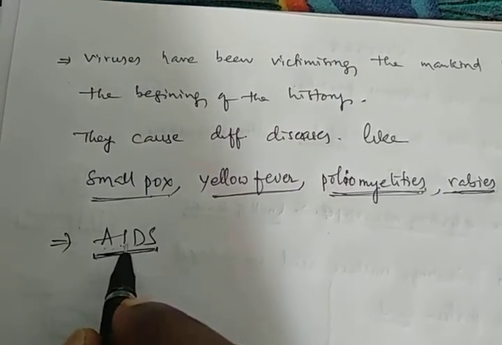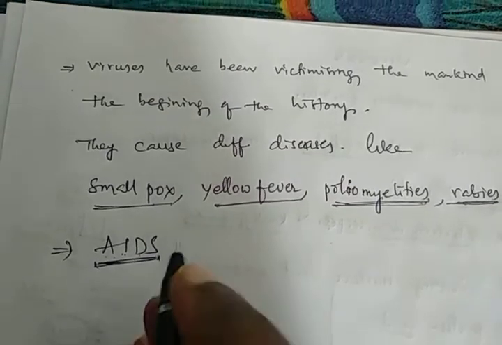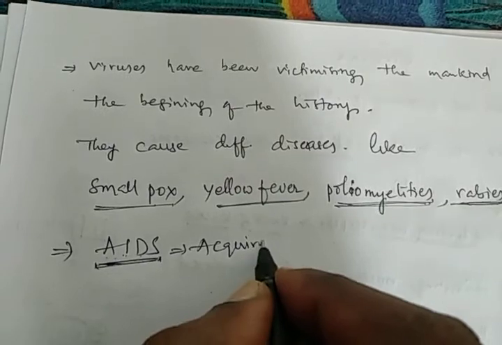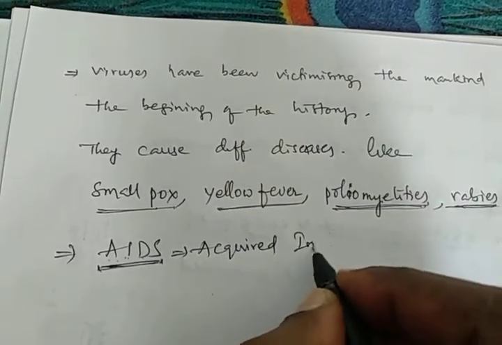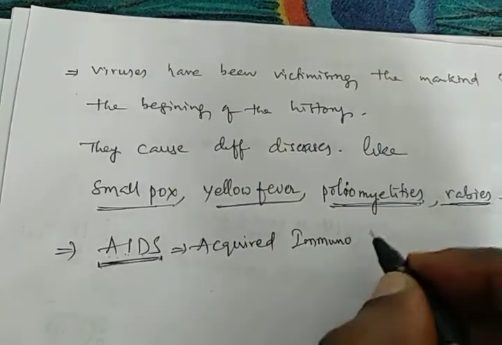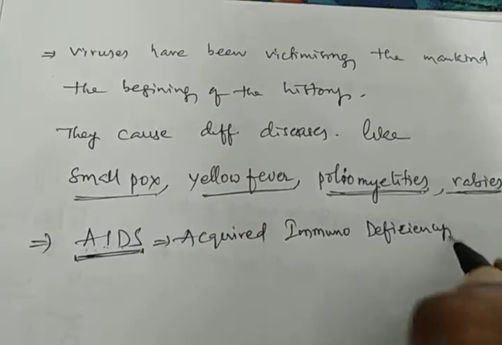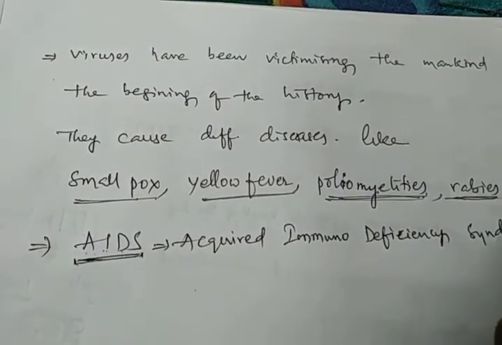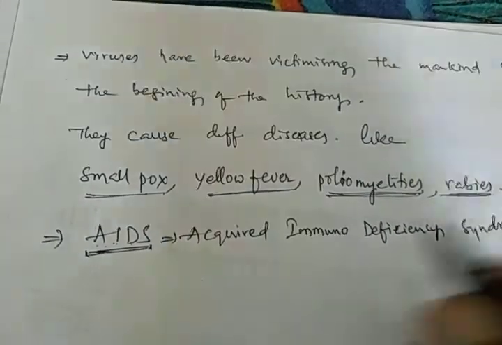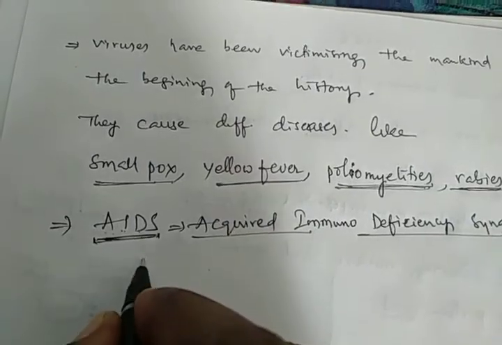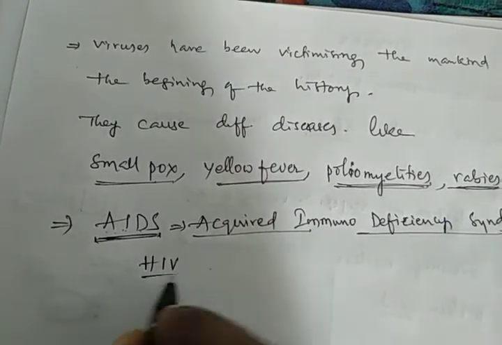Acquired immunodeficiency syndrome. This is the full form of AIDS. This disease is caused by a virus called HIV.